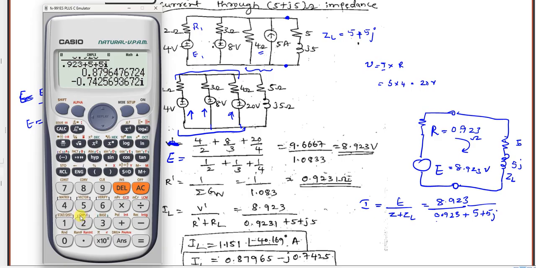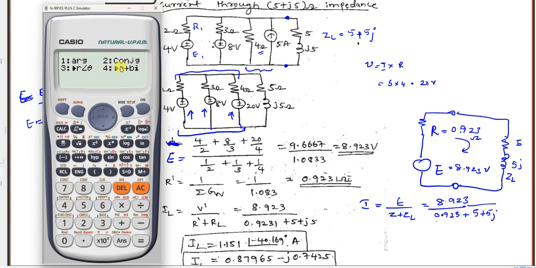So we select shift complex, and you can see 4 options: argument, conjugate, which will give the opposite of this, then r angle theta, which means polar coordinates, and a plus bi, which means rectangular coordinates.